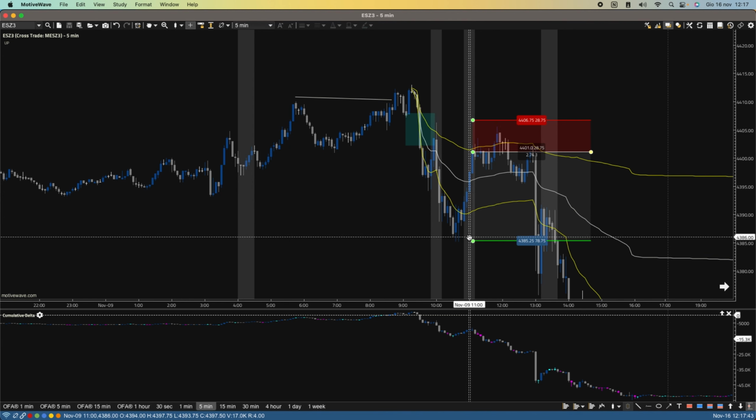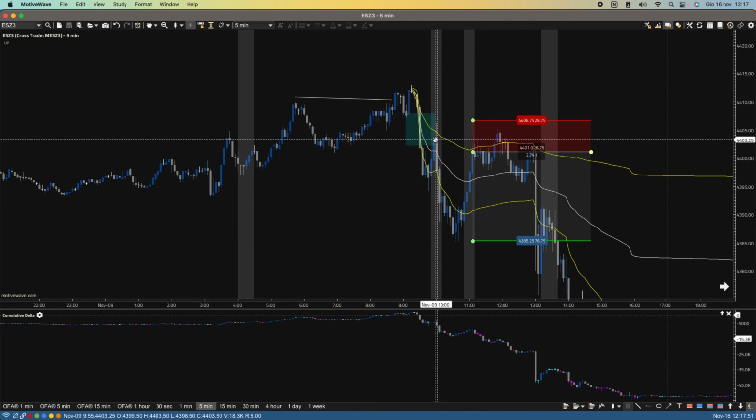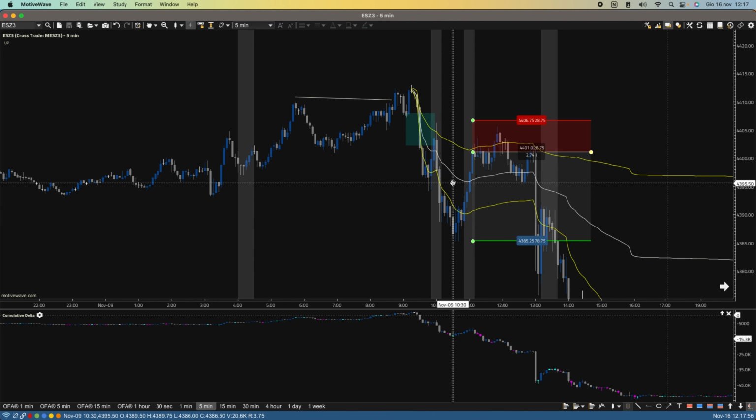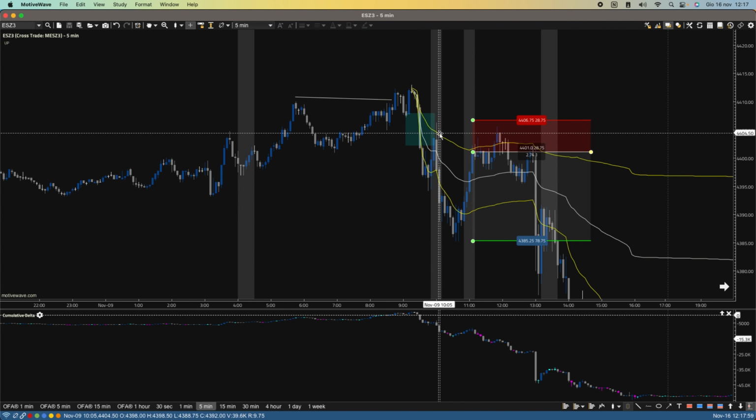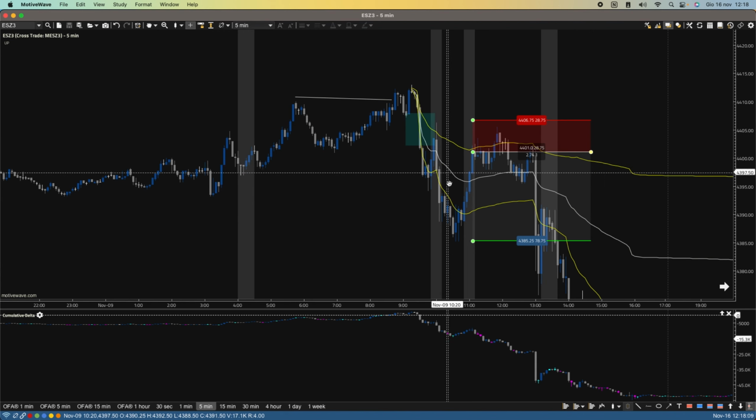That is this one. So when you have a fair value gap, you have VWAP, and you have a strong 5 minute rejection of the VWAP itself, or the first band, this is a beautiful signal.